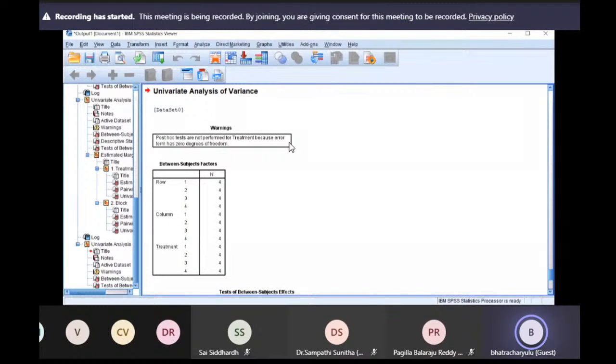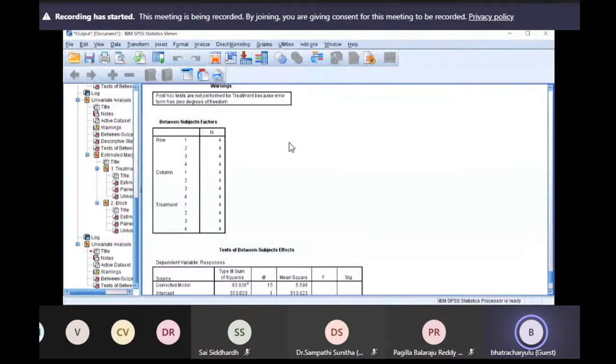I think all of you have seen the lattice square design. So there are 4 rows, 4 columns, and 4 treatments. The design will be just like A, B, C, D; B, C, D, A; C, D, A, B; D, A, B, C. So this is the lattice square design.